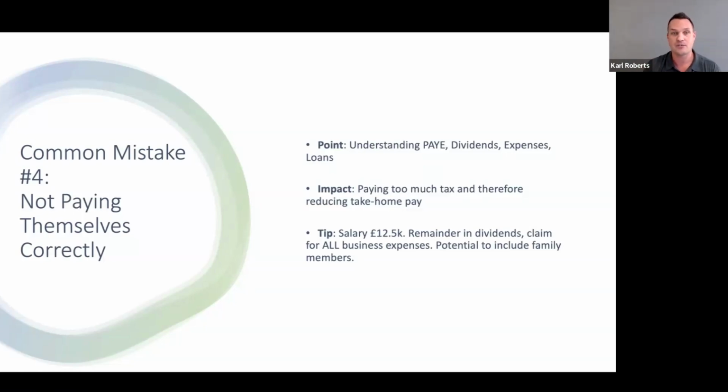Life insurance, there's a certain policy that you can use called a relevant life insurance policy, where the company can pay for that life insurance. Why does that matter? Because if you imagine the company's paying for it, it gets a tax deduction. Okay, so it reduces your company's tax bill. But if you pay for it personally, you have to take the money out of after-tax profit.